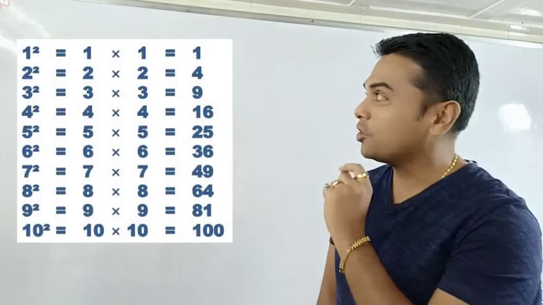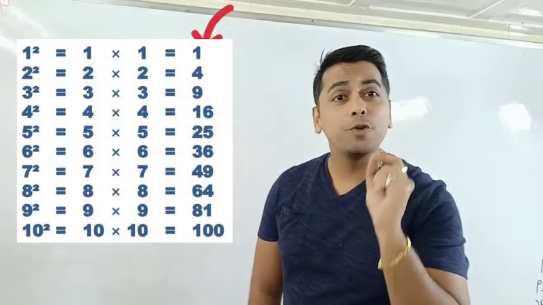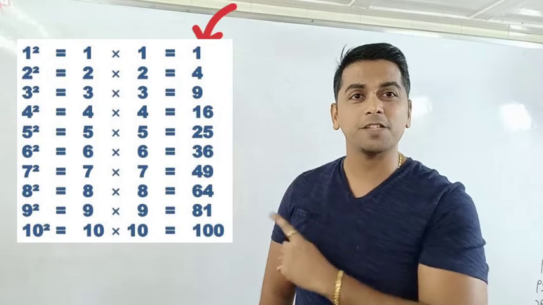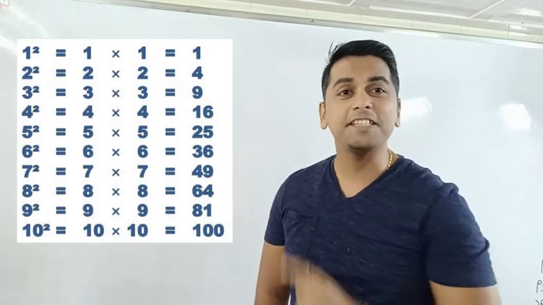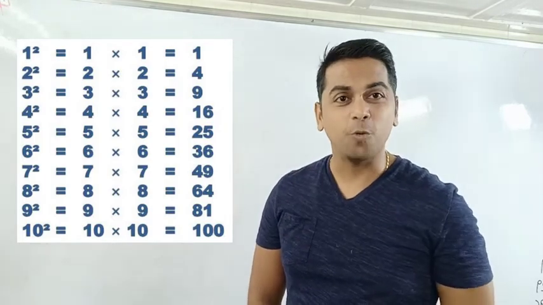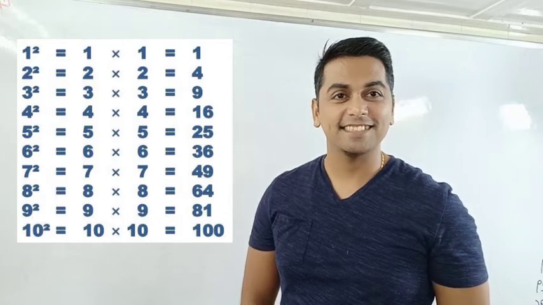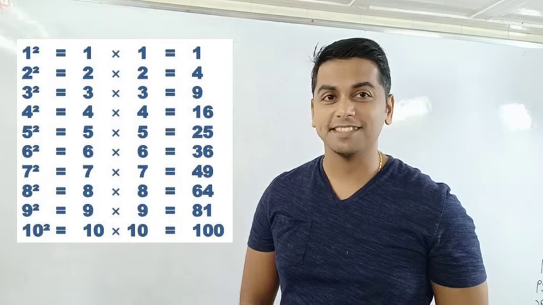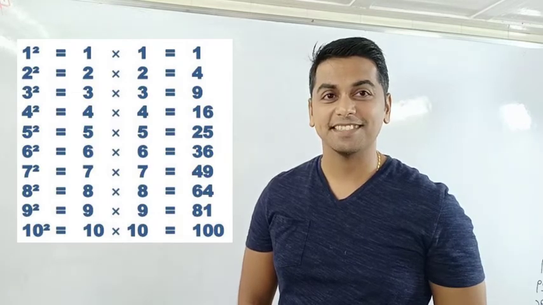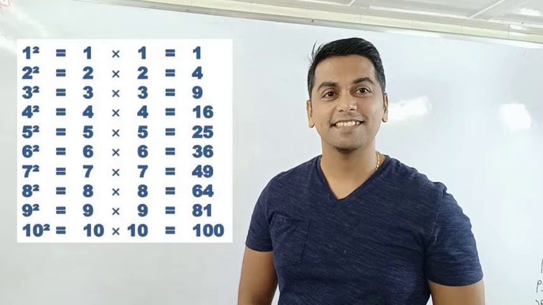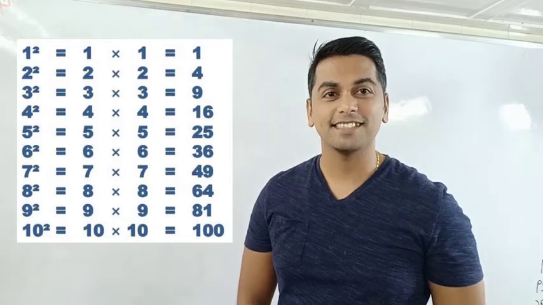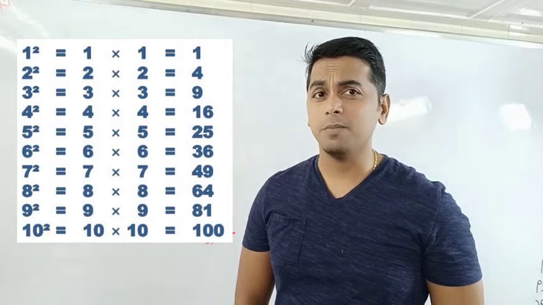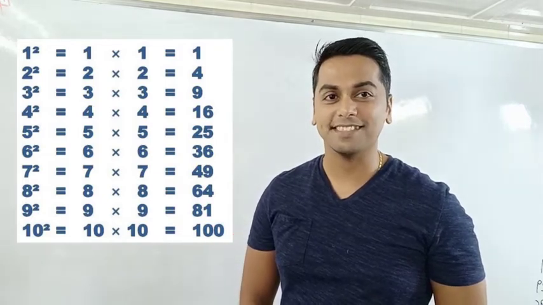Just focus on the unit digit. You need to focus on the unit digit of these perfect squares. Here the unit digits are 1, 4, 9, 6, 5 or 25 as the last two digits, 6, 9, 4, 1 and 00. 00 means an even number of zeros.